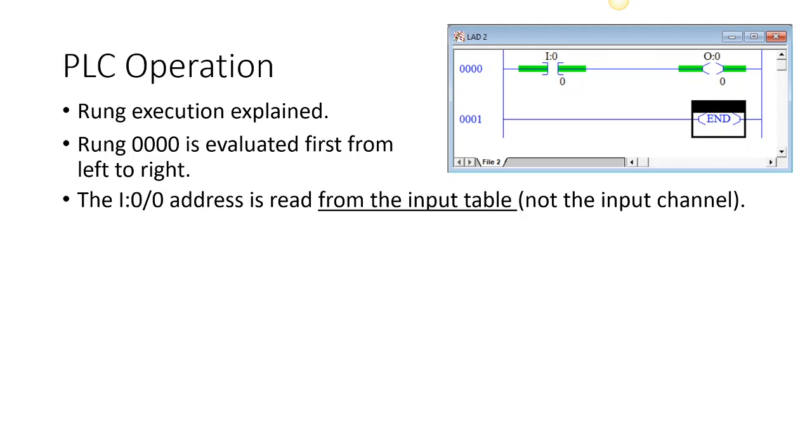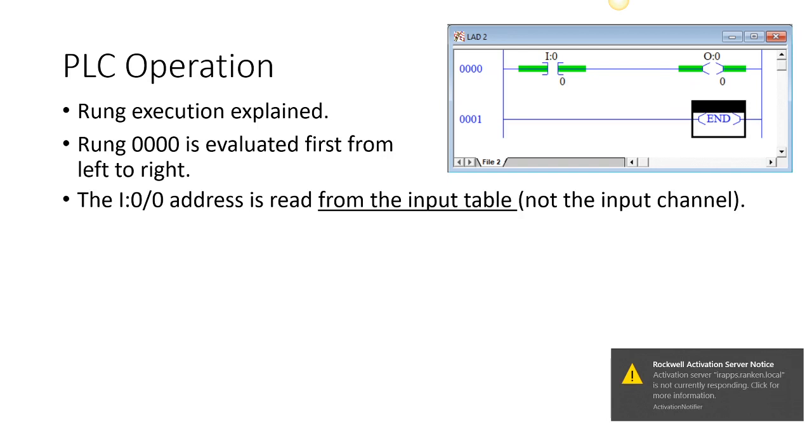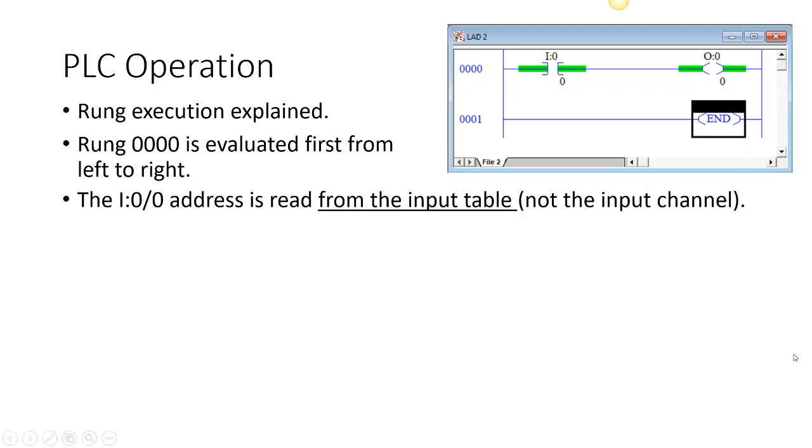Now, in this particular case, there is only one other instruction, and that is an output instruction. If you notice, that instruction almost looks like the symbol for a coil, and that's on purpose. And that output instruction has an address associated with it that has an O in front of it, meaning that's an output.